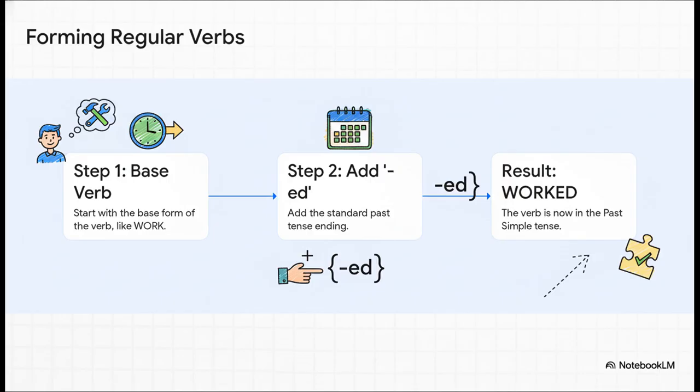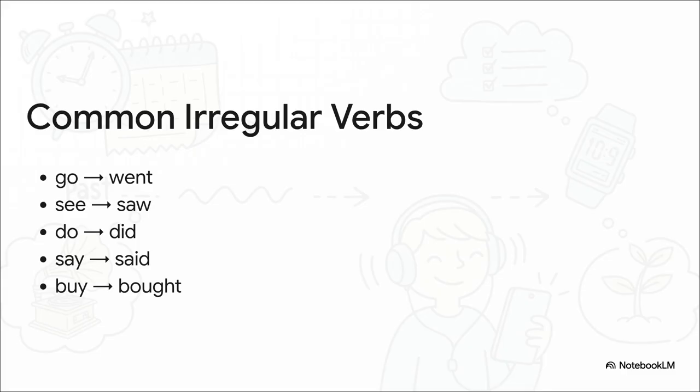That's literally it. Work becomes worked, call becomes called. Simple, reliable, no drama. But then, you've got the rebels, the irregular verbs. These guys don't play by that nice ed rule. Go turns into went, see becomes saw. They each have their own unique past form that you just have to learn. But here's the good news. You probably already know a ton of these without even realizing it.